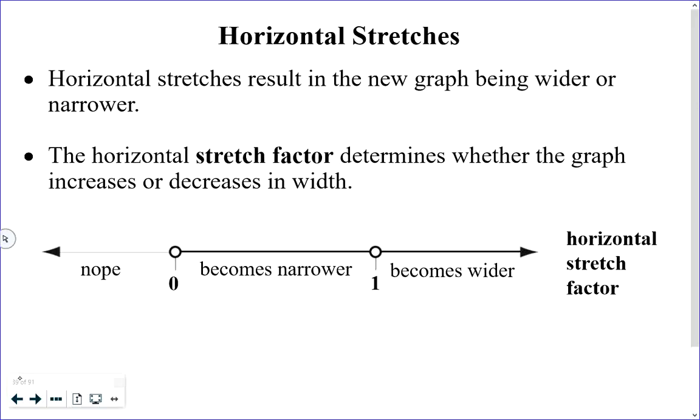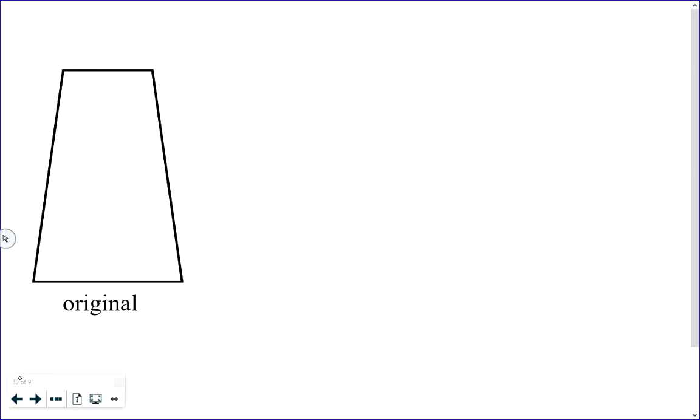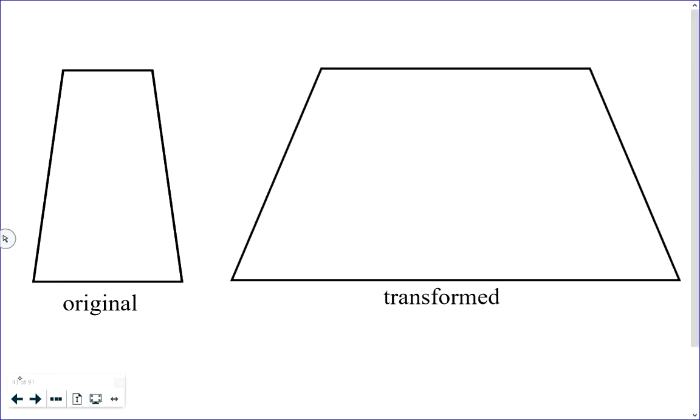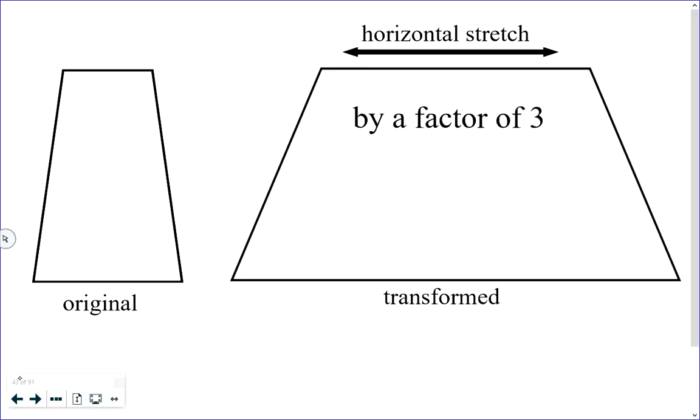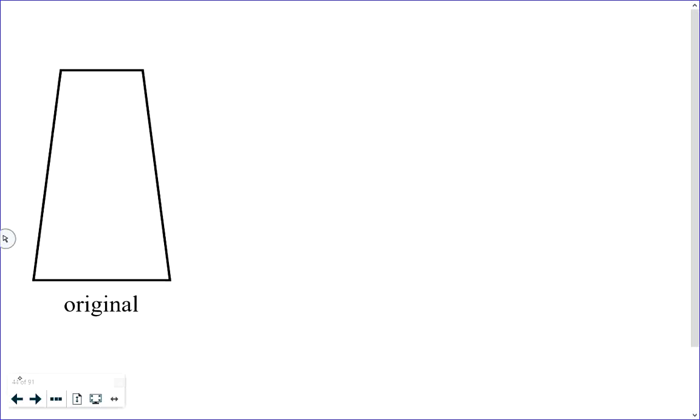And if I have a stretch factor between 0 and 1, then it's going to become smaller in that horizontal dimension, which means it gets narrower. So that's obviously a horizontal stretch. I would indicate that using a diagram with an arrow there by drawing that. And it happens to be by a factor of 3. It's 3 times as wide.